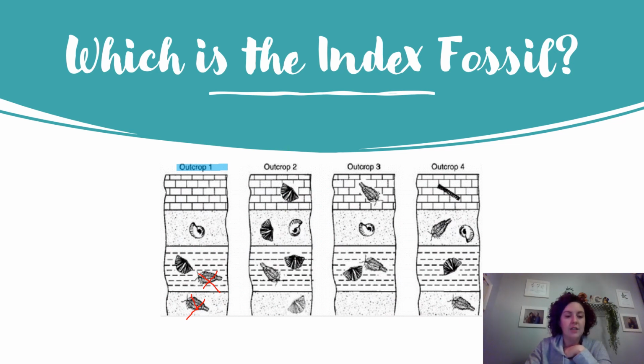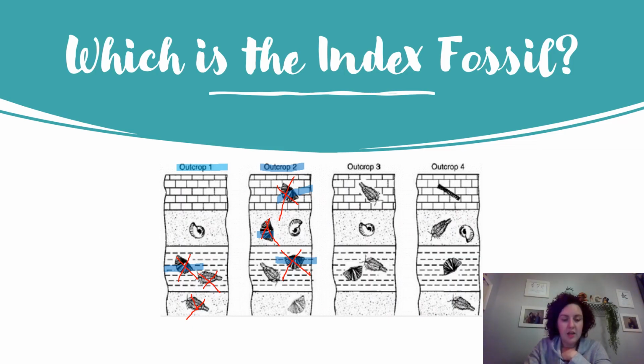Now I have this taco looking thing. I'm going to look in outcrop 2. I have a taco thing, but I have a taco thing here in those ones too. So again, not a great option. I don't want to use something that is not short-lived.